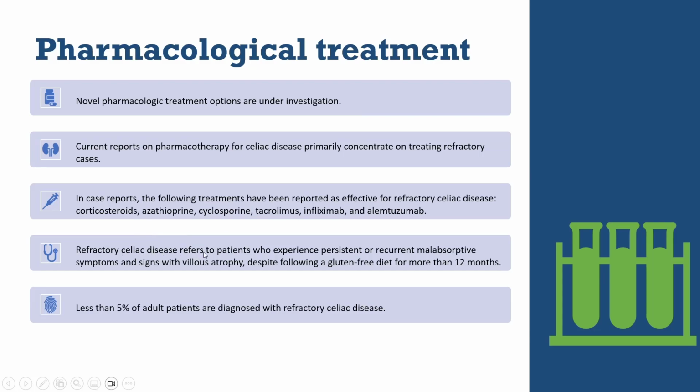Refractory celiac disease refers to patients who experience persistent or recurrent malabsorptive symptoms and signs with villus atrophy, despite following a gluten-free diet for more than 12 months. Less than 5% of adult patients are diagnosed with refractory celiac disease.